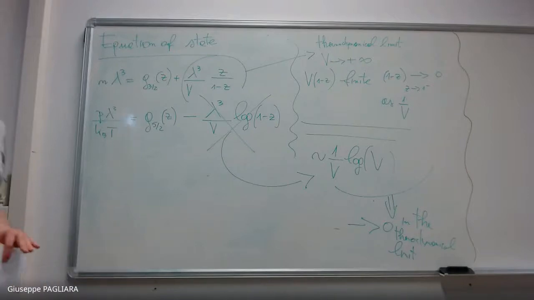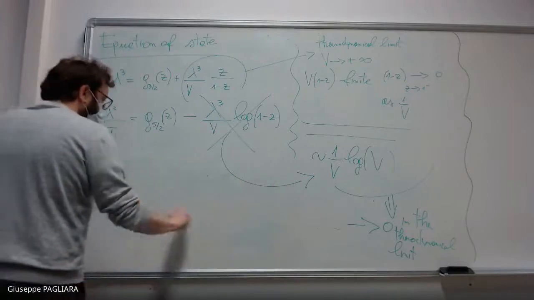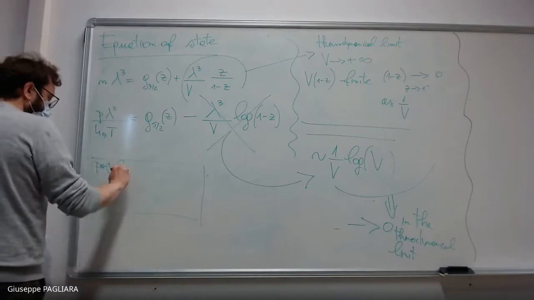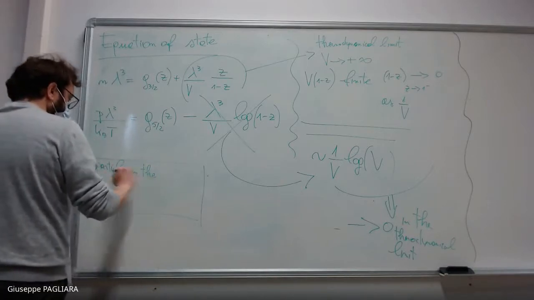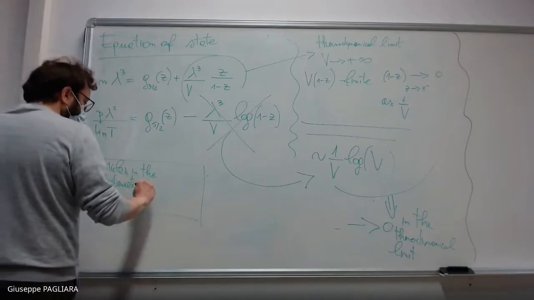And this is also intuitive in the sense that those particles are in the k=0 state, and therefore we do not expect them to contribute to the pressure because they are basically condensing in a momentum state with momentum equal to 0. Okay, so in other words, the particles that are in the condensate do not contribute to the pressure.